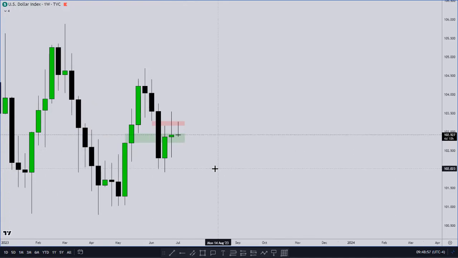Also, we're inside of this range right now. I can talk about a long, I can talk about a short on the higher time frames. So I don't have a very strong bias for dollar index right now.